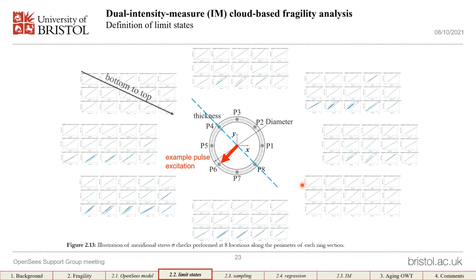And here is an illustration of the meridional stress sigma, checked at 8 different locations around a cross section. So here we demonstrate the effect with a strong pulse excitation. You may see that the responses at locations far away from this neutral axis were pretty nonlinear, whereas the responses close to the neutral axis remained linear elastic.